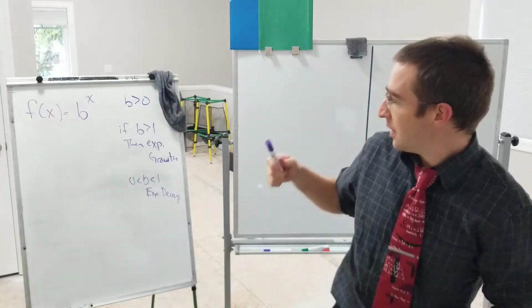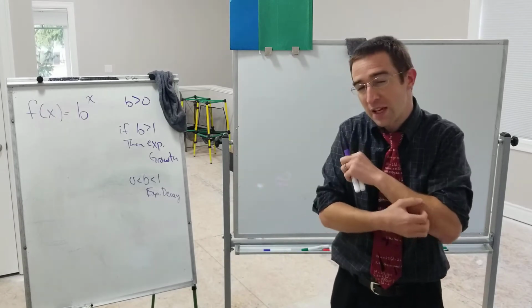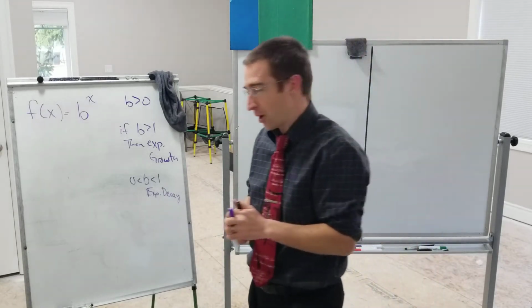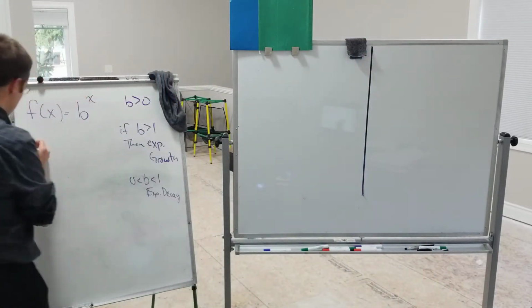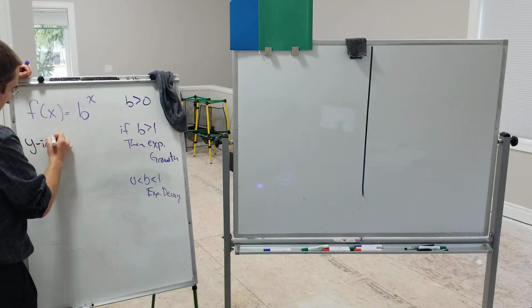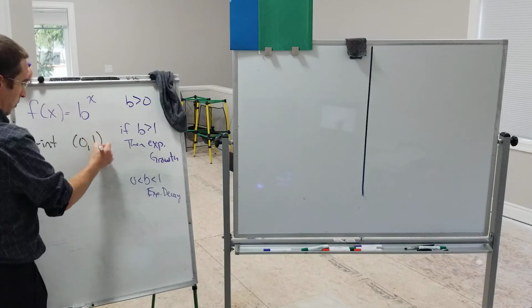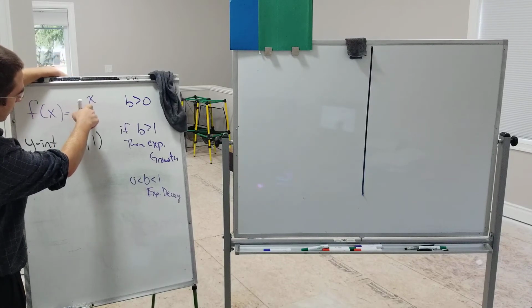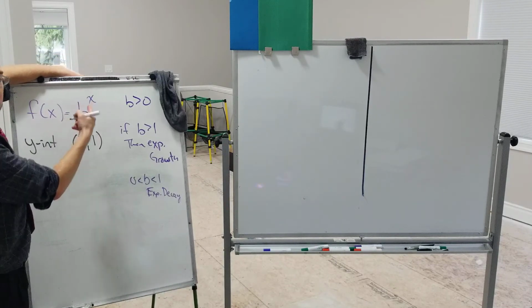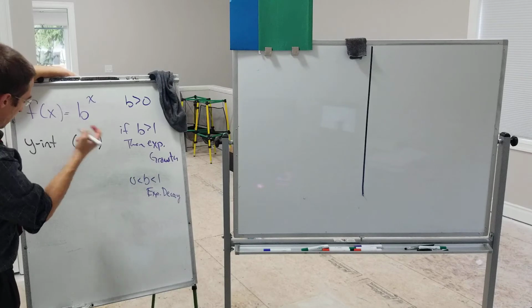So now, f of x equals b to the x is always going to have the same properties. It's always going to have a y-intercept at 0, 1. If I replace x with 0, something non-zero to the 0 is just 1, so we get 0, 1.